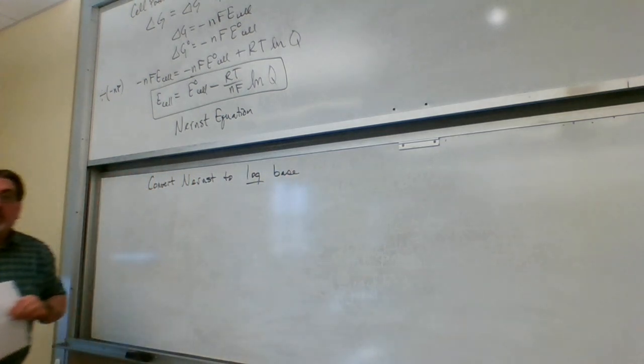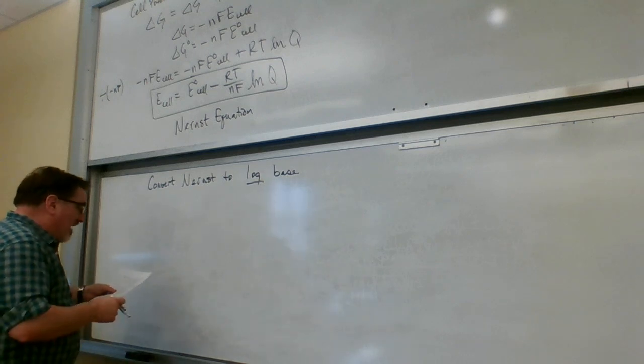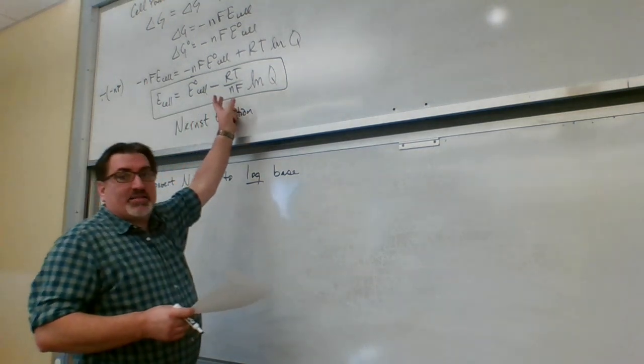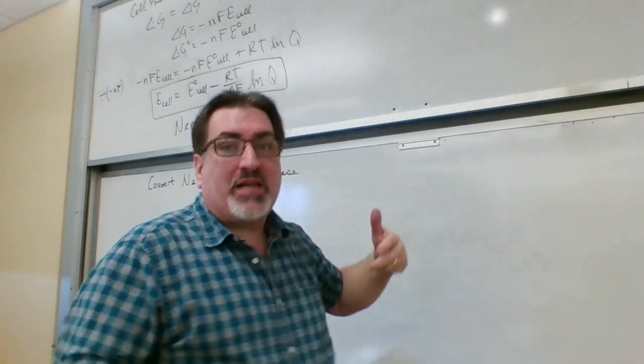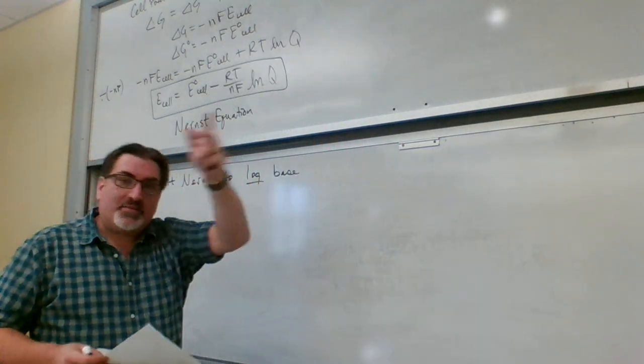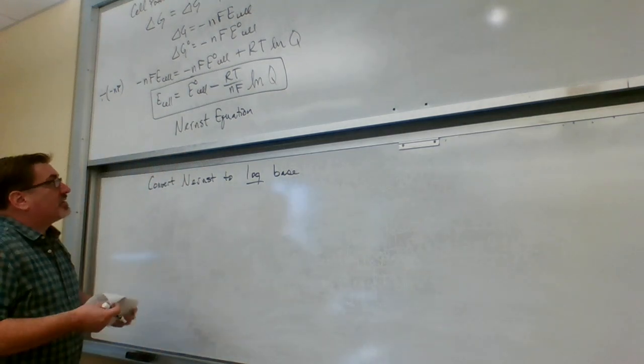So we're going to convert it to the base 10 log. And we're also going to combine the constants up here. Think about back in the kinetics chapter, we had k this times k that divided by this k, and we just combined them all together into one single constant.